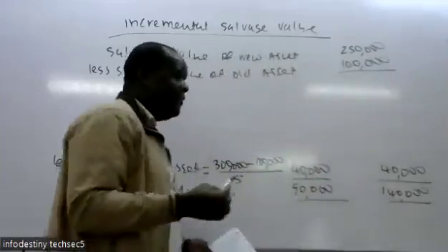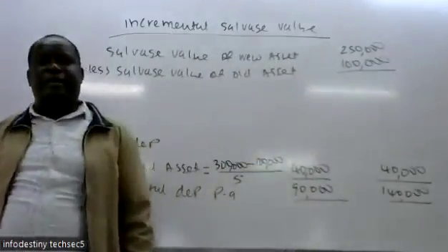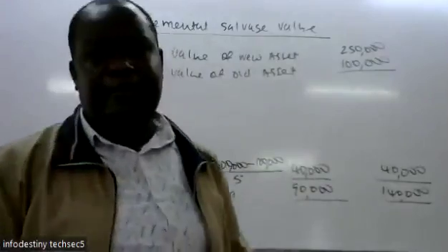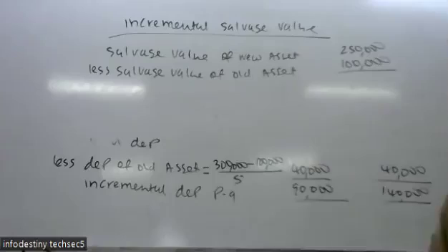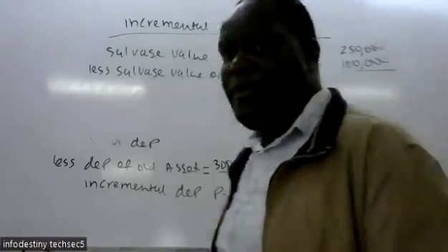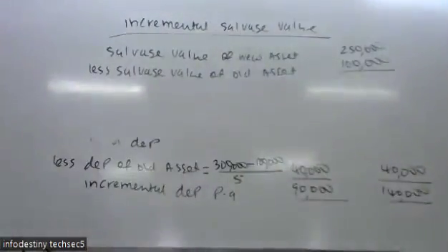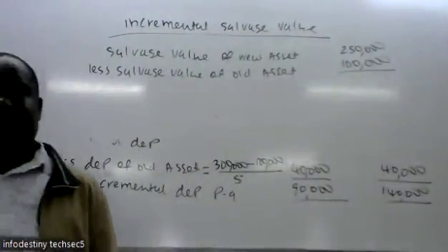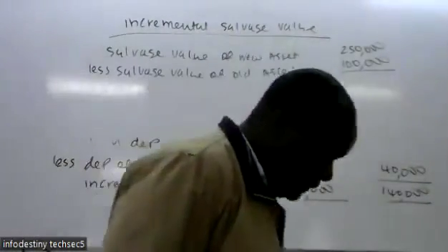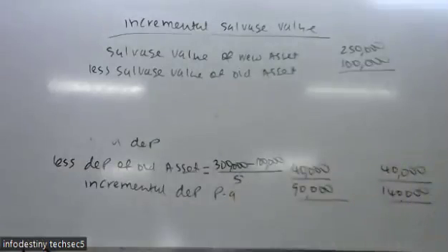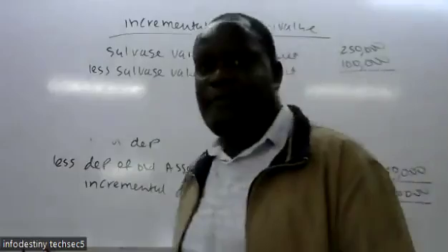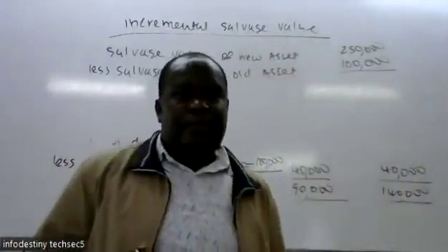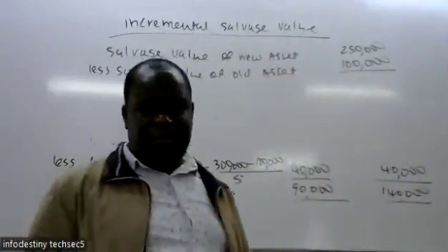When we subtract, we get the incremental salvage value. So that is now our step number 3.